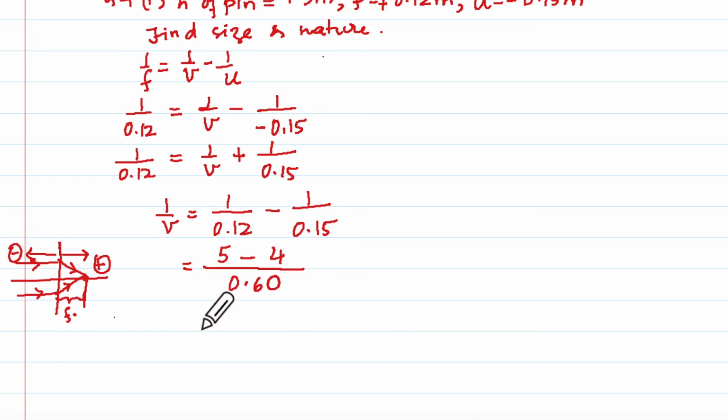Understood? 0.6 is also more accurate, but doesn't matter. This helps us in our calculations here. So 1 upon 0.60. So therefore, what is V? V is equal to 0.60 meter, which means I'm getting the image on this side. So it will be real and inverted.